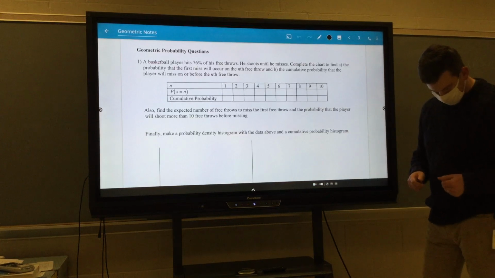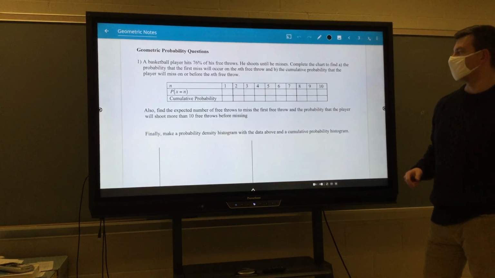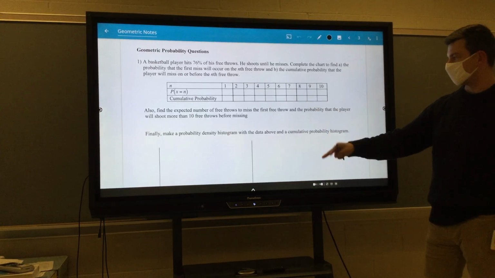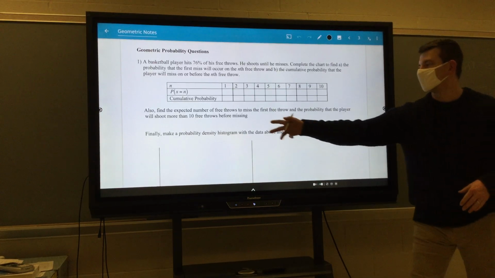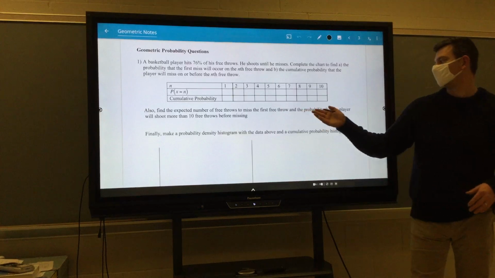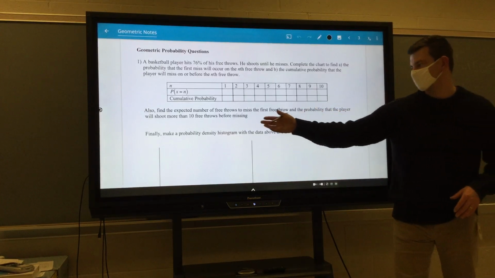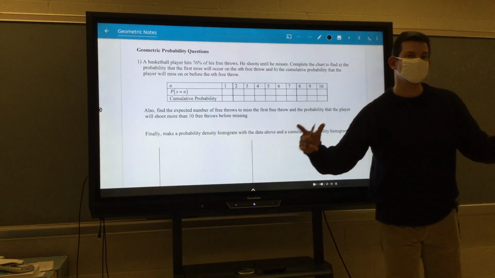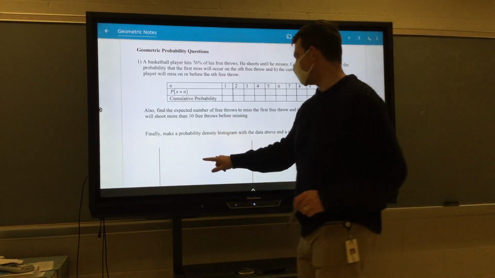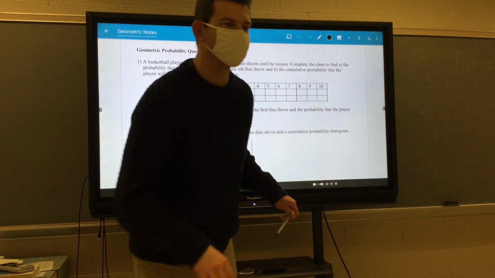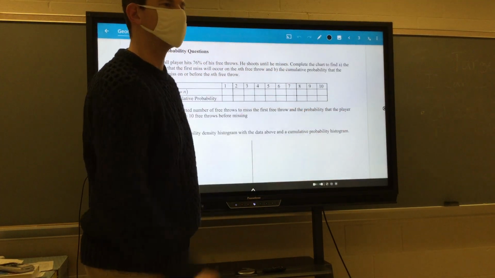So we need to complete the chart and find the probability and the cumulative probability of when that first miss will occur. And then expected number and probability of missing 10 in a row. Or I'm sorry, making 10 in a row before that first miss. Yeah? Don't worry about these histograms. You don't need to draw those. In fact, in the previous problem, I was just writing over them.